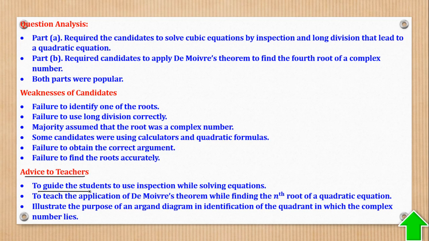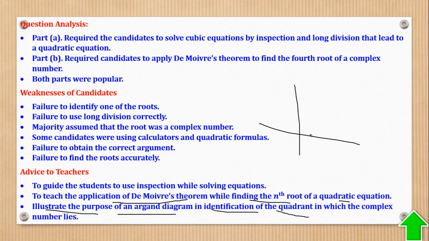Advice: guide students to use inspection while solving. So don't just use the calculator. Then another advice: teach the application of De Moivre's theorem to find the nth root of a complex number. I think that we are well versed with it. Illustrate the purpose of an Argand diagram in identification of the quadrant. I think you saw me doing something like this.